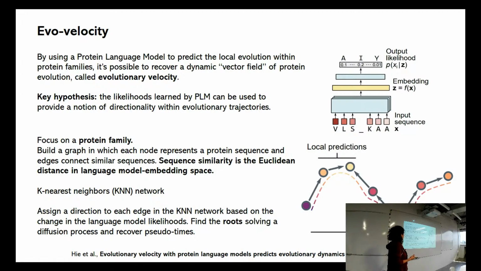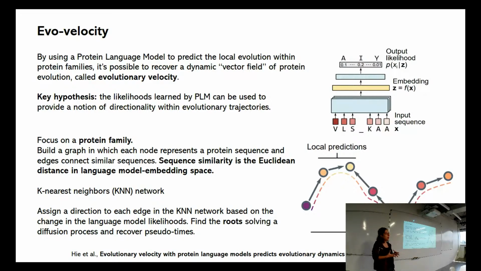And you can directly use these probabilities to build a notion of what mutations are closer to me. So if I'm a sequence, I will have a certain probability of having some amino acids there. And you can go to the one that is a little bit less likely than me, but still likely to be there.